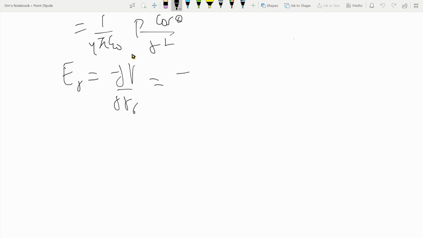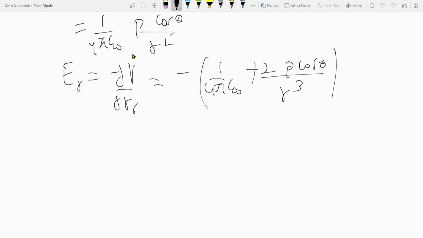So we could further this, when we take the derivative with respect to the radius, because we are increasing the length, when we do that, we have this being equal to 1 by 4 pi epsilon naught minus 2 p cos theta by r cube. And so we can cut the negative signs, and the electric field along the radial direction is exactly this. It is equal to 2p cos theta by 4 pi epsilon naught r cube.